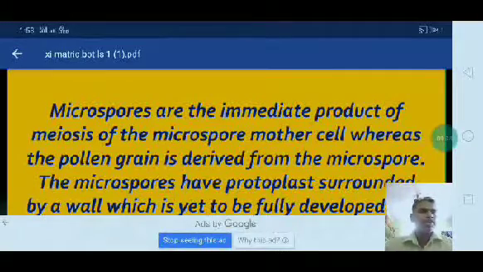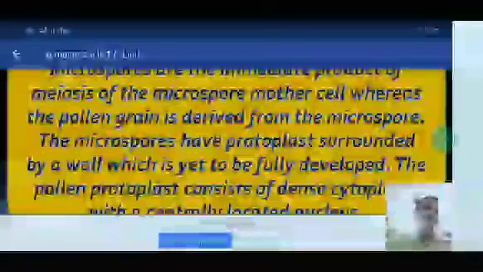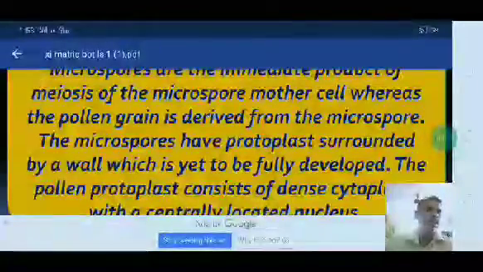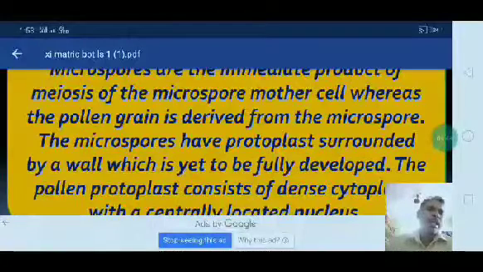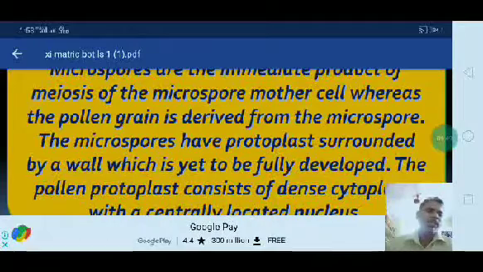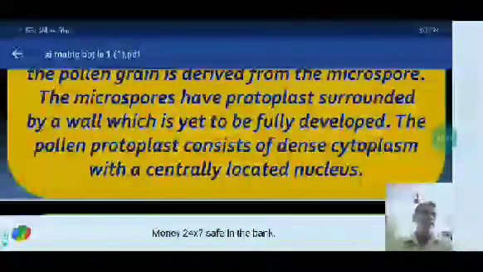The microspores have protoplasm surrounded by a wall which is fully developed, and there is a nutritive function also. The pollen protoplasm consists of dense cytoplasm with a centrally located nucleus.